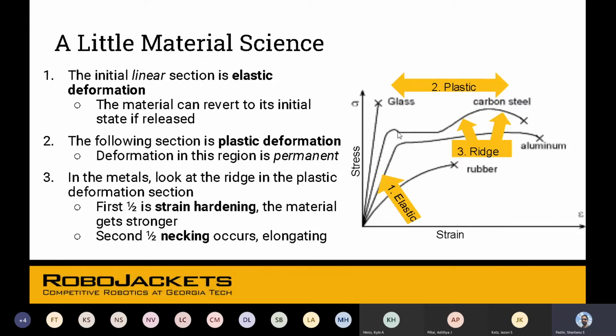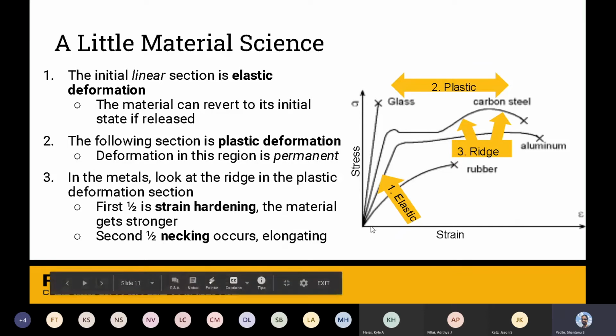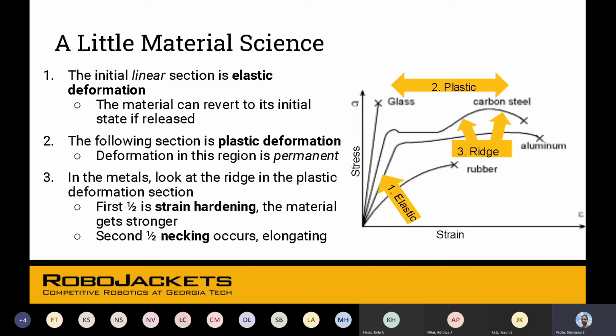If you release the steel after it's gone over this bump, it will try to go back, but not completely. It'll end up over here instead of its original position. This is called strain hardening, and if you do this repeatedly, a few times, not too many times, your material actually ends up stronger as a result.